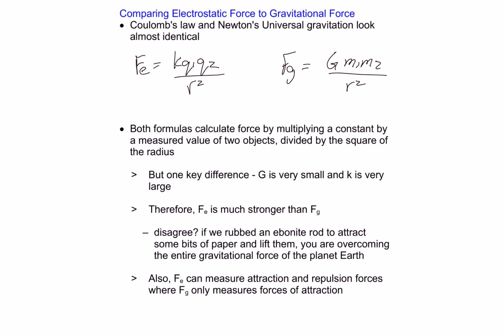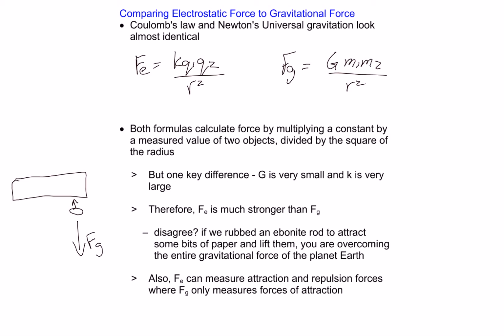We saw yesterday when we were doing the experiment that there wasn't that much force between our static rod and a little chunk of hole punch paper. But for us to take that static rod and lift up that little piece of paper, we were able to lift it up with only a little bit of charge on there, from rubbing it. It was still strong enough to lift that piece of paper up, where we were overcoming gravity.